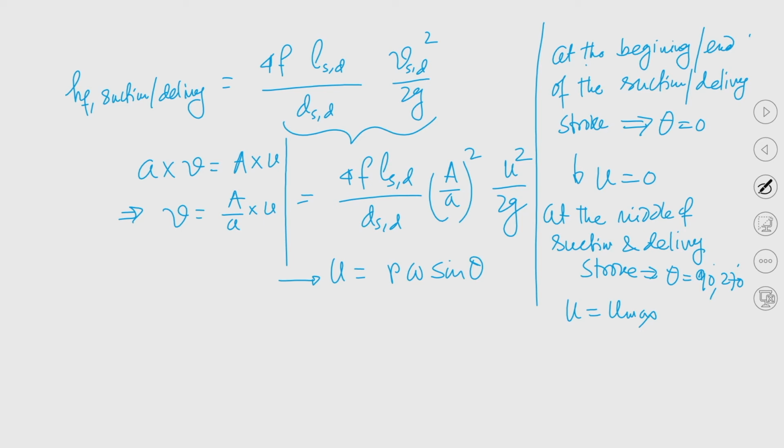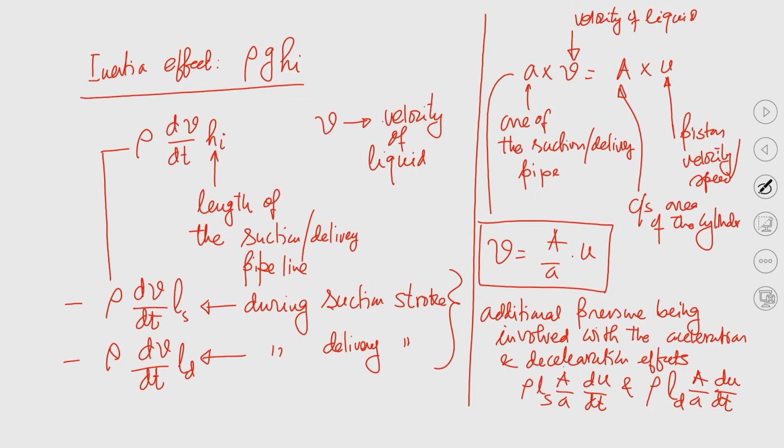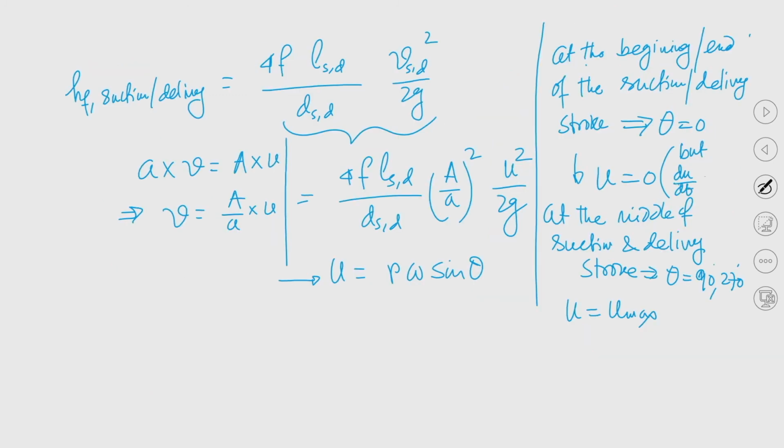At the beginning and end of the suction and delivery stroke, u equal to 0, but though the velocity equals 0, the acceleration and deceleration, that is del u by del t, is maximum.